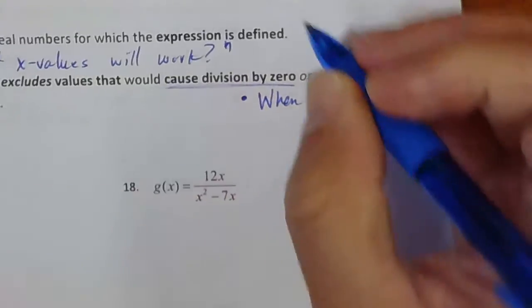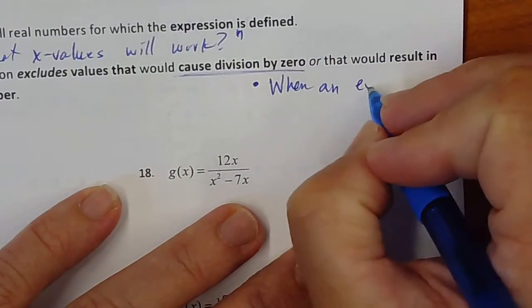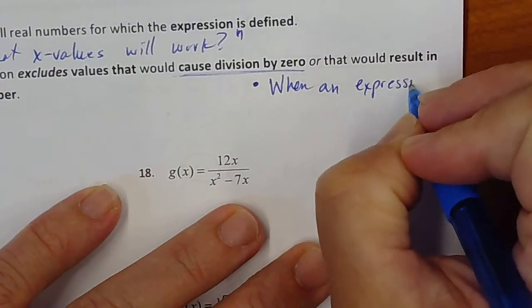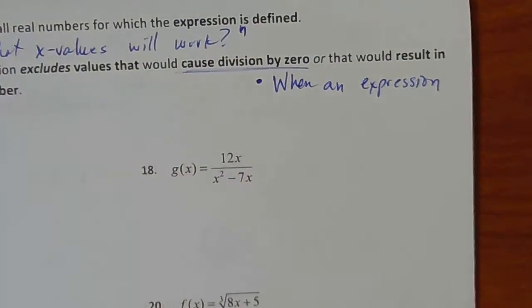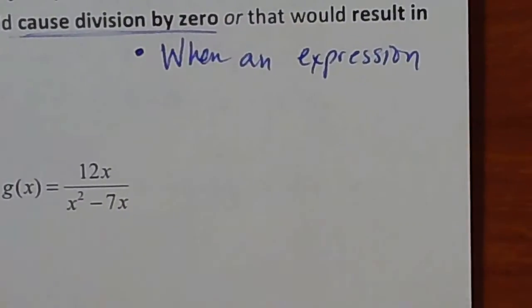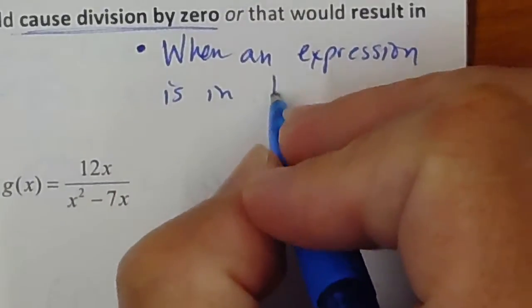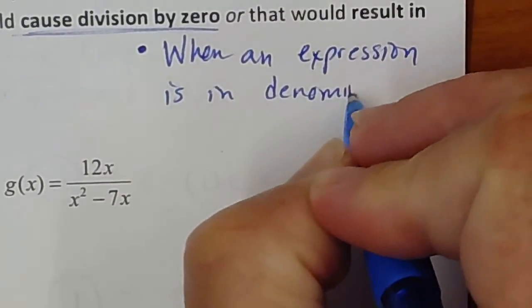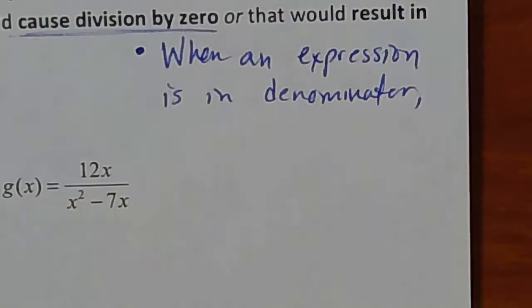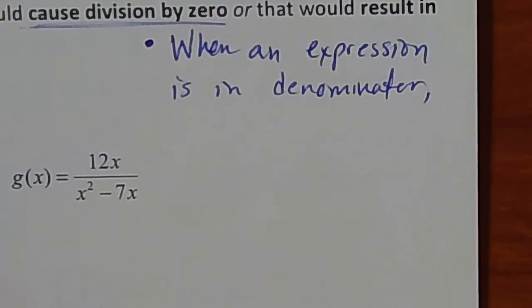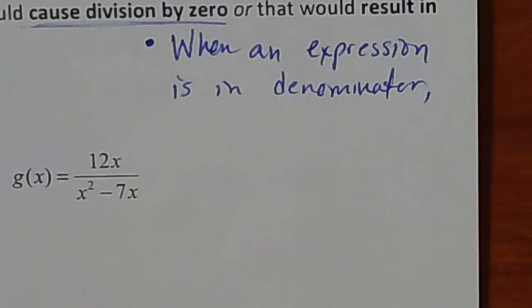When an expression is in the denominator, like 18 and 22 and 21 that I'm looking at below there.